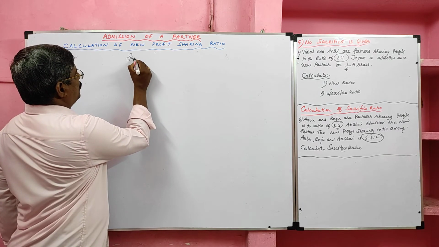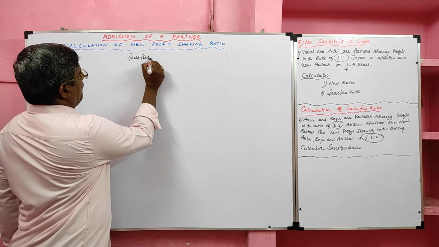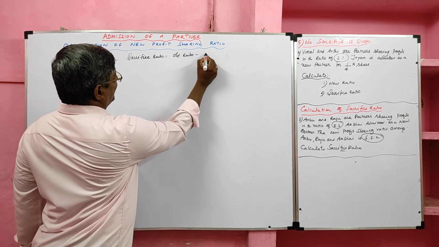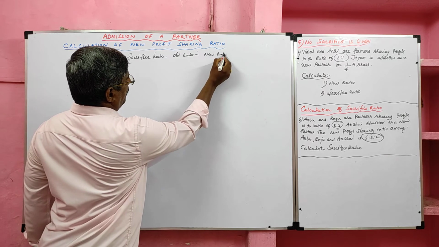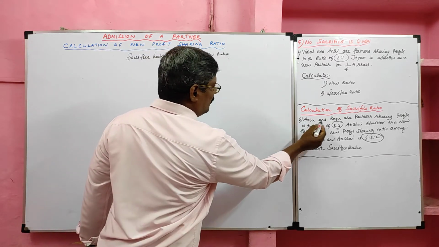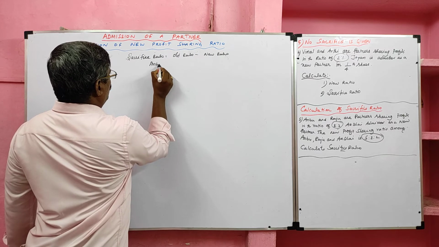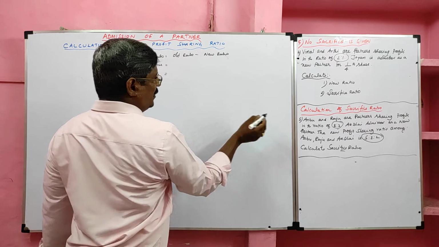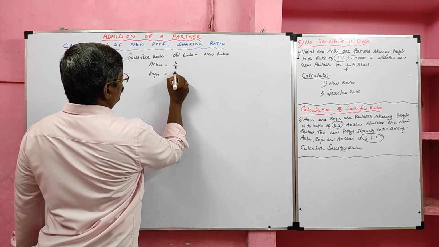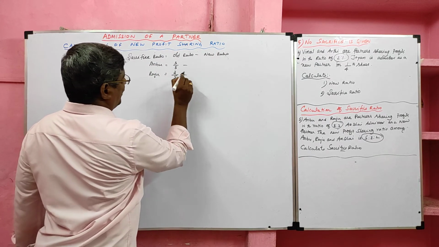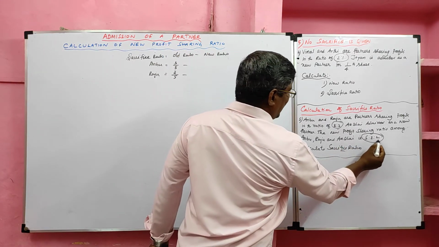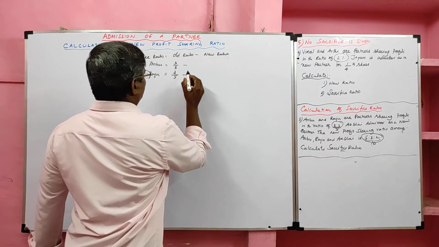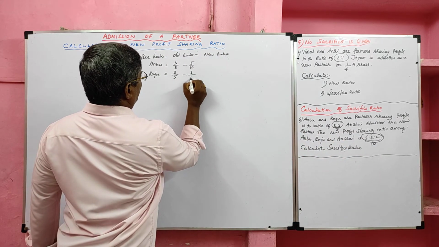So the sacrifice ratio formula is old ratio minus new ratio. Who can sacrifice? The old partners, Anbu and Raju. Old share of Anbu and Raju is 3:2, so 3/5 and 2/5, minus the new ratio 5/10 and 3/10.